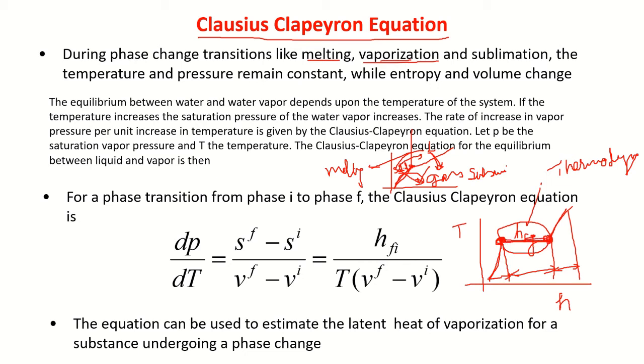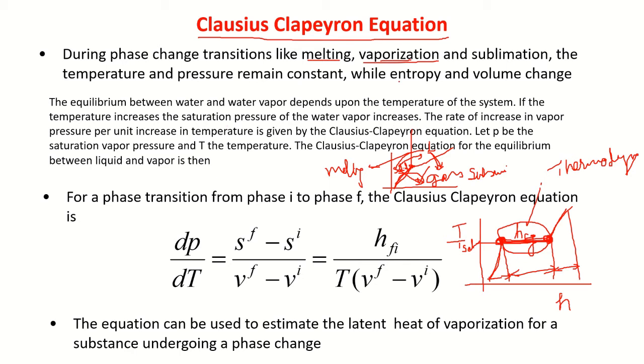By the time it comes to this point, it is completely vapor; at the start it is completely liquid, and in between is a mixture of water and vapor. This we call the saturation temperature. Temperature is constant and pressure is also constant. However, volume changes.